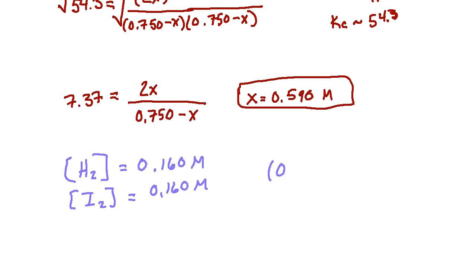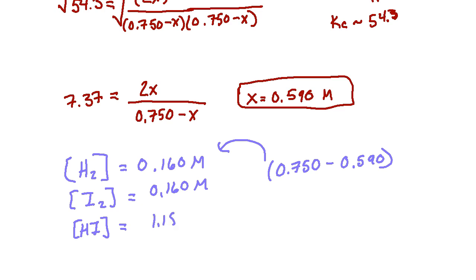So I just take 0.750 minus 0.590. That equals 0.160. Okay? And then the HI, the concentration of HI at equilibrium, right? We have to remember that we're doing a times 2 multiplier here, so it would be 0.590 times 2, and that's going to be 1.18 molarity.